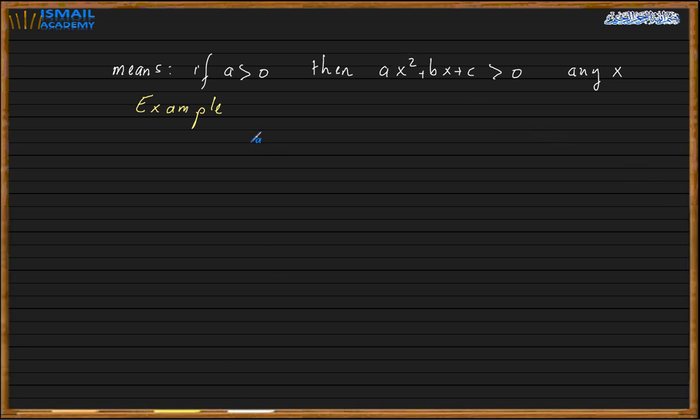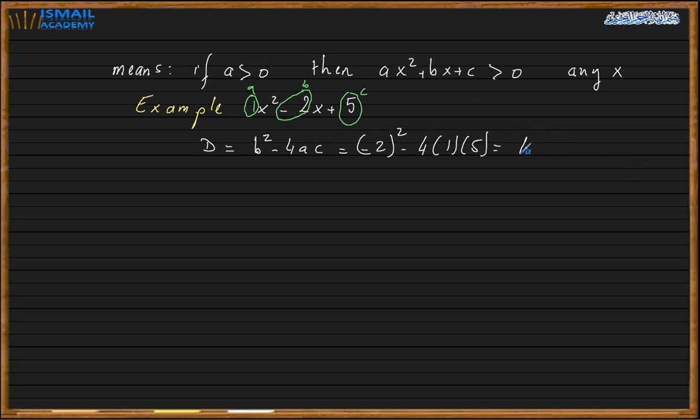So if I choose, for example, x squared minus 2x plus 5, my discriminant is b squared minus 4ac. Here a is 1, b is minus 2, and c is 5. So I will have minus 2 squared minus 4 times 1 times 5, so it's 4 minus 20, which is minus 16.